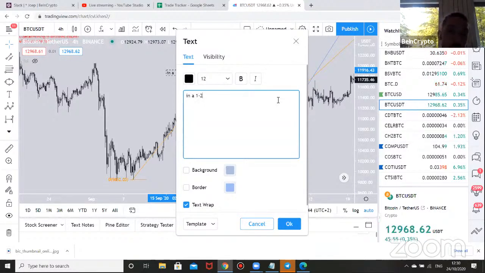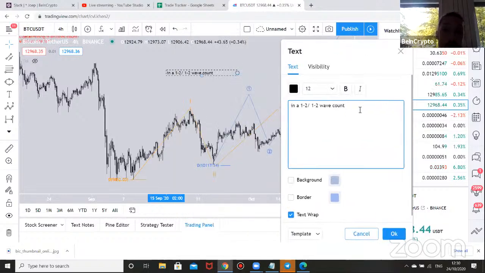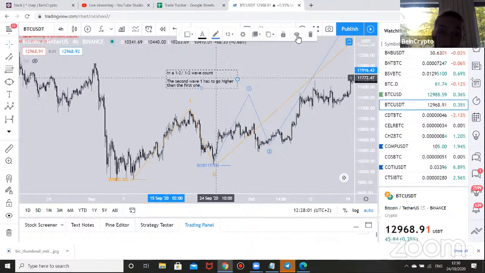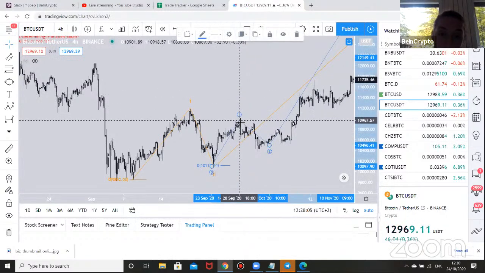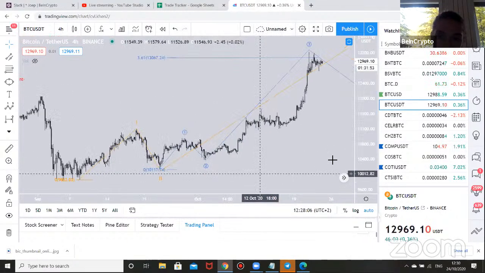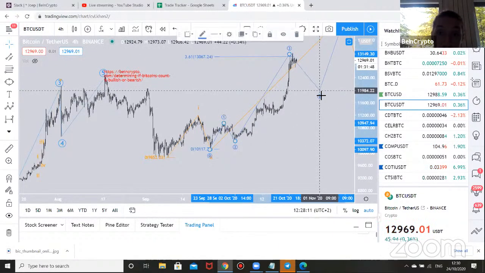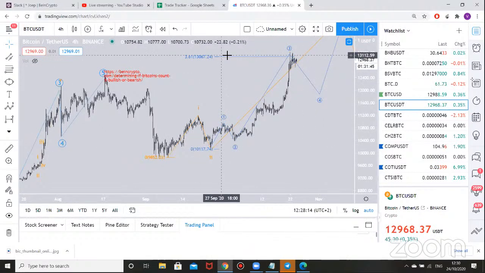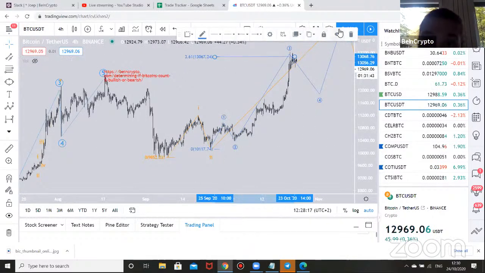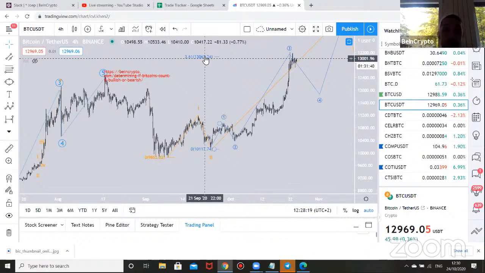So again, even though this is not a 1-2-1-2 formation, it is still probably an extended third wave, but not as extended as it would have been with an actual 1-2-1-2 formation. Now, let's talk stop placement here.